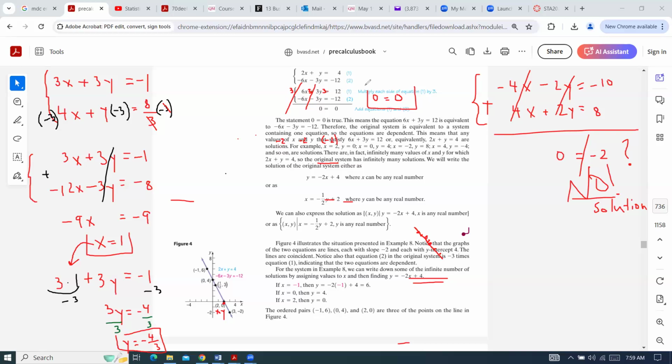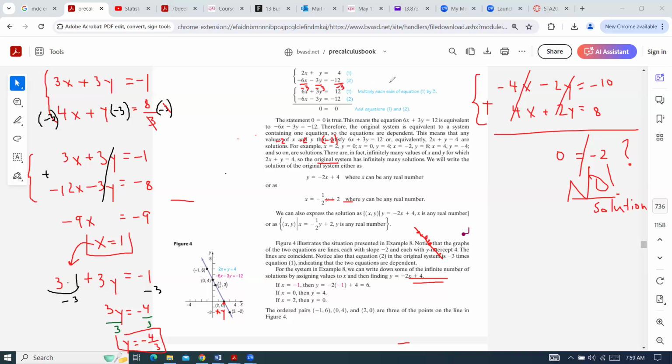In fact, you could simplify this a little bit differently to better see that this is indeed exactly the same equation. If I take my second equation and divide it by -3, everywhere, look at the second equation.